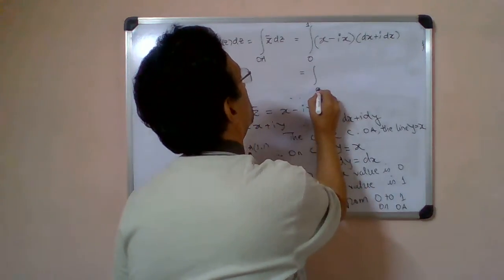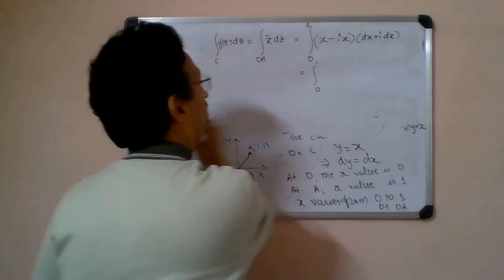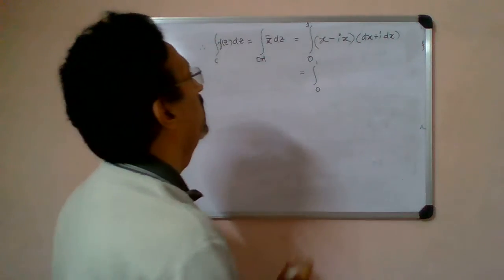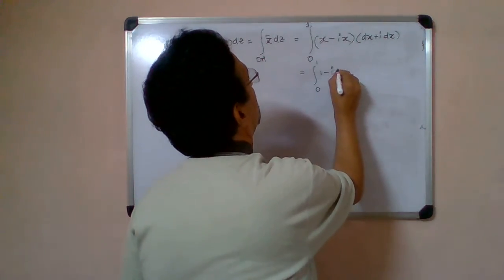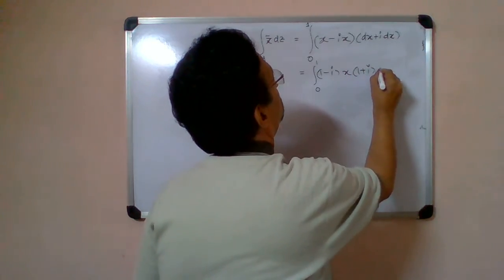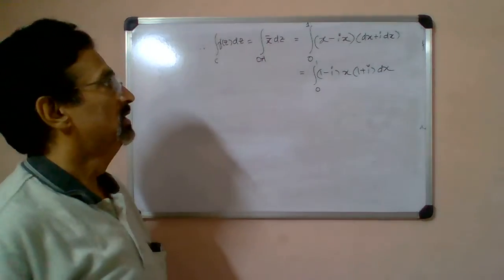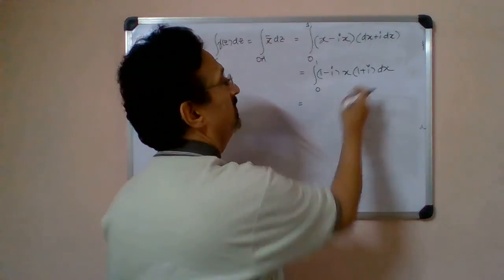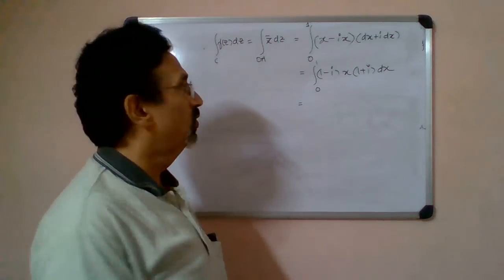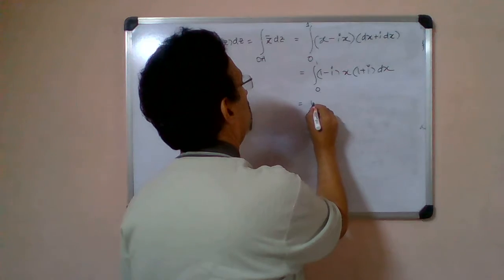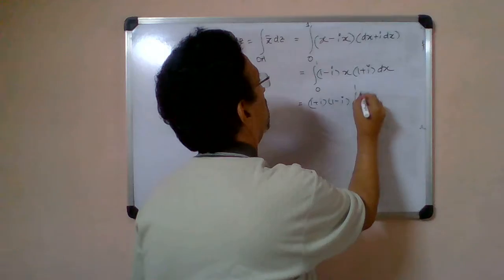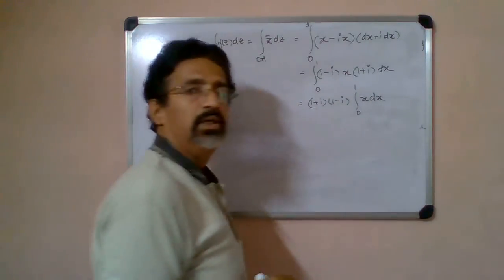So this will be the integration from 0 to 1 of (1 minus i) times x into (1 plus i) dx. So this is equal to (1 minus i) into (1 plus i), which is 1 squared minus i squared, that is minus 1, so 1 plus 1 I get 2, times the integral from 0 to 1 of x dx.